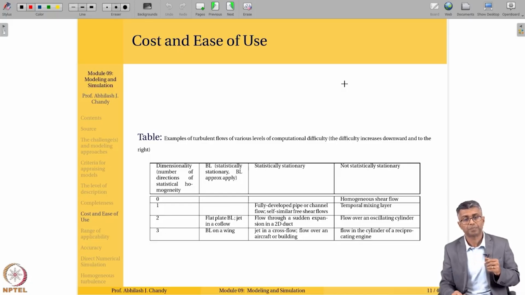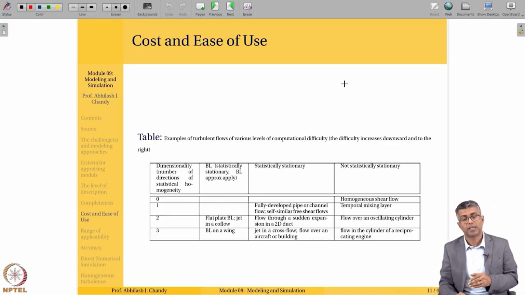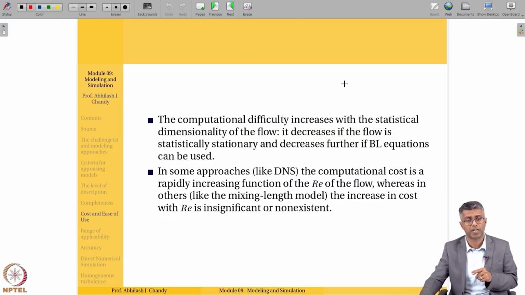The third column is whether it is a set of statistically stationary flows, which you would think are simpler to solve. And the fourth column shows examples of not statistically stationary flows. I'll come back to this table. But what we are trying to say is the computational difficulty increases with the statistical dimensionality of the flow.